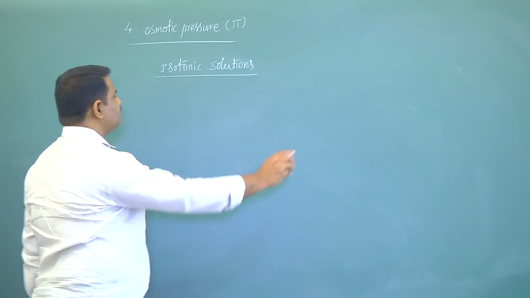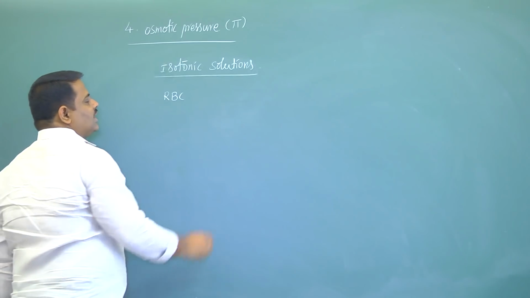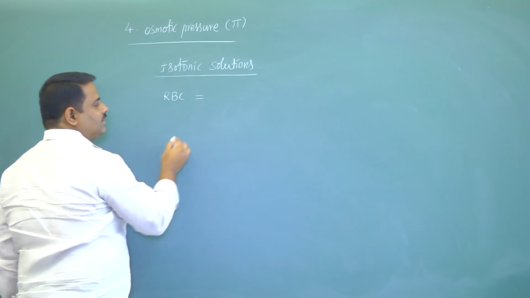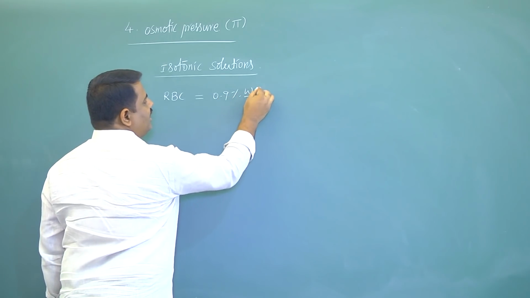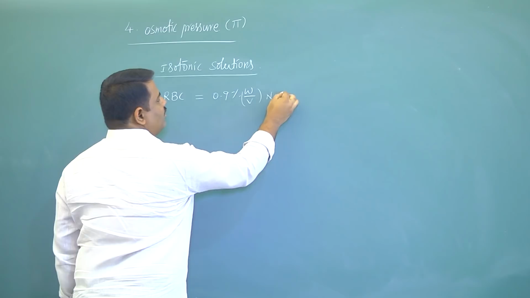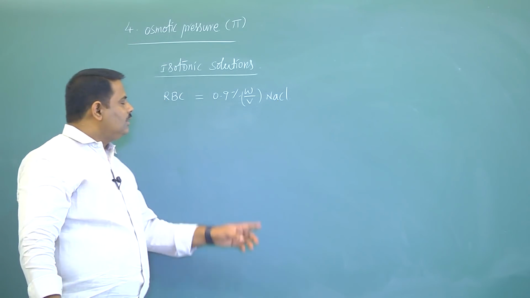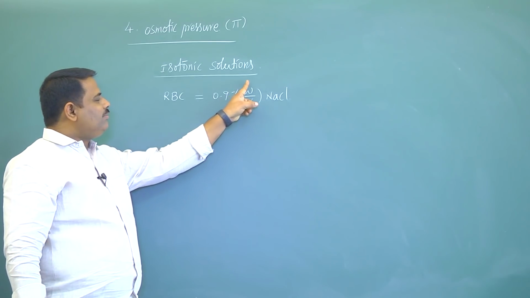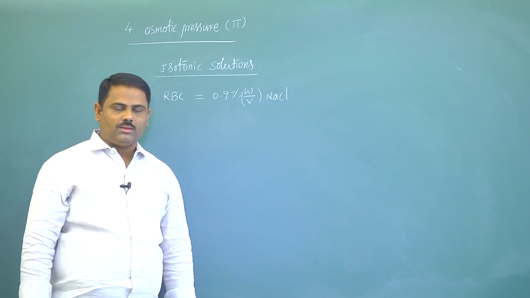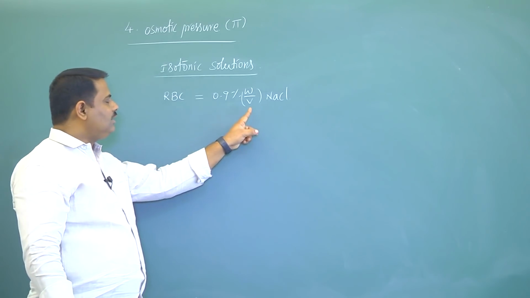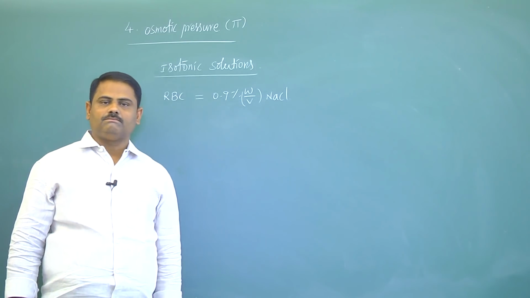For example, RBC are isotonic with 0.9% weight by volume sodium chloride solution. So 0.9% weight by volume sodium chloride is also called saline water. This saline water is isotonic with RBC.